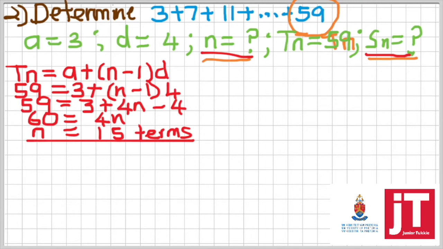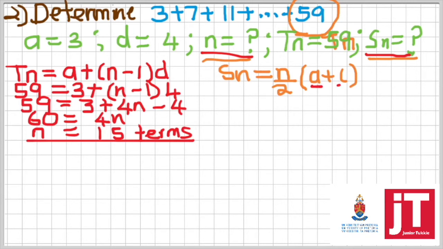But we haven't fully answered the question. We want to find the sum of that series. So we're going to now use the Sn formula. But fortunately, we are given our last term to be 59. Therefore, I can use the shorter version of this formula: Sn is equal to n over 2 times (a plus l), your l representing the last term.